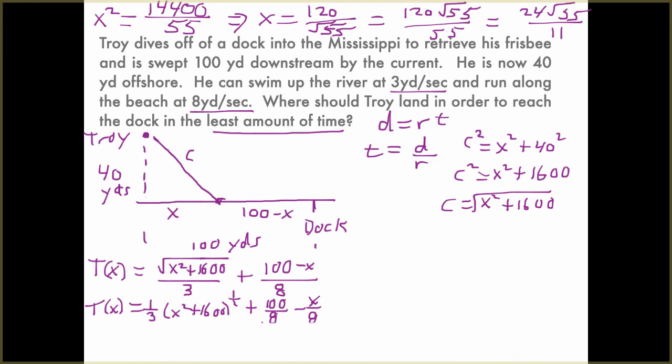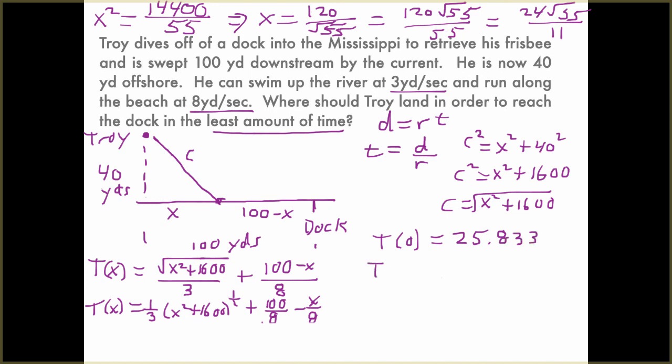So now we're going to test. If you went straight to the shore, our x would be 0. If you went straight all the way to the dock, you'd have x is 100. So we're going to test the points 0, 100 for our endpoints, and then 24 square root of 55 over 11. If you take t of 0 and plug it into our formula, you will get a time of 25.833.